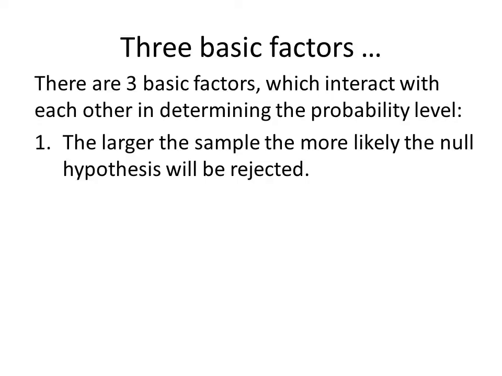So what we're doing now is simply describing what makes the T-test work. Here are the three basic factors. The first basic factor is the larger the sample, the more likely the null hypothesis will be rejected.